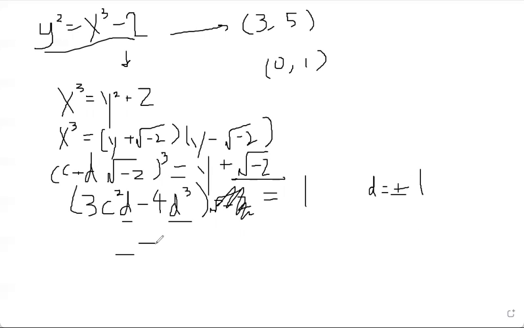We get negative 3c squared plus 4 equals 1. Moving this to the other side, we get c squared equals 1, so c has to equal plus or minus 1. So our solutions are going to be 1 minus square root negative 2 and negative 1 minus square root negative 2.